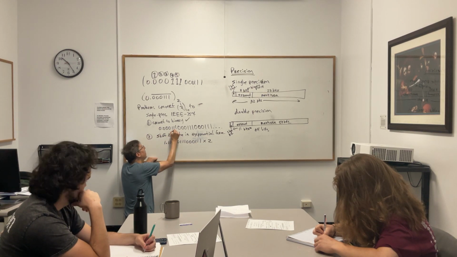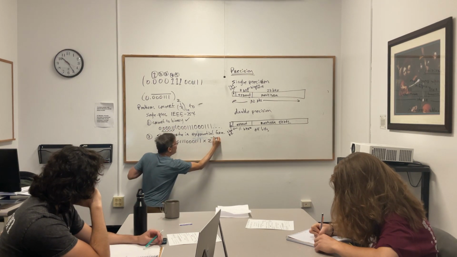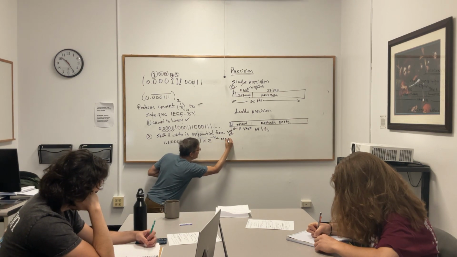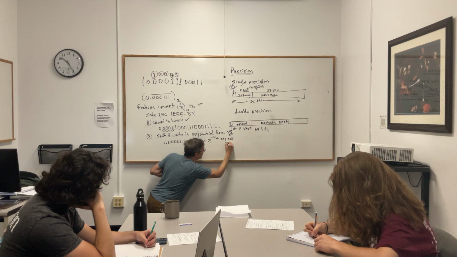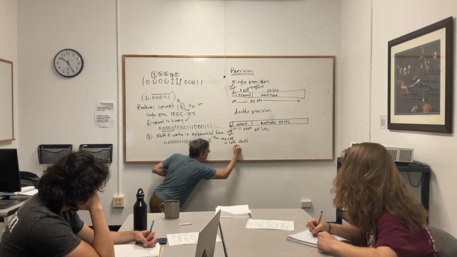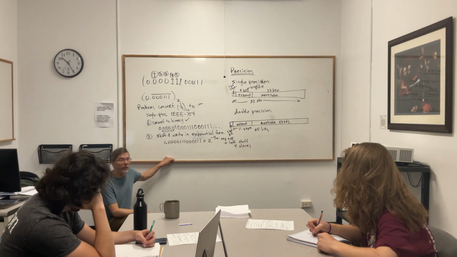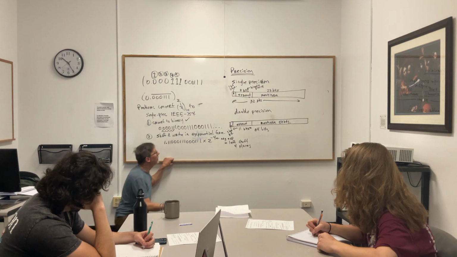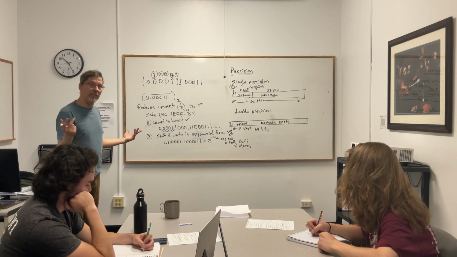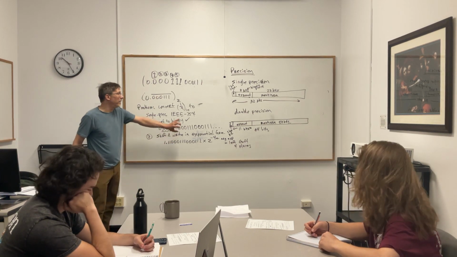If the decimal place is here, we need to move it 1, 2, 3, 4 to the left. So I put 2 to the -4th. This negative means shift left. Negative exponent equals left shift, and here it's by 4 places. So now I've got it in exponential form. Just about done. We're going to do this with every single number.